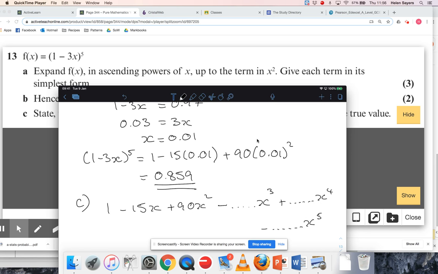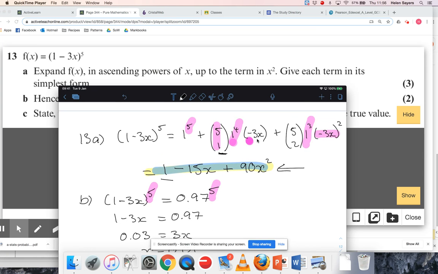When I say something, I'm not going to bother working out those coefficients. But I do know that the x cubed term would be negative, because when I cube negative 3x, it comes out negative. Negative 3x to the power of 4 comes out positive. Negative 3x to the power of 5 comes out negative.